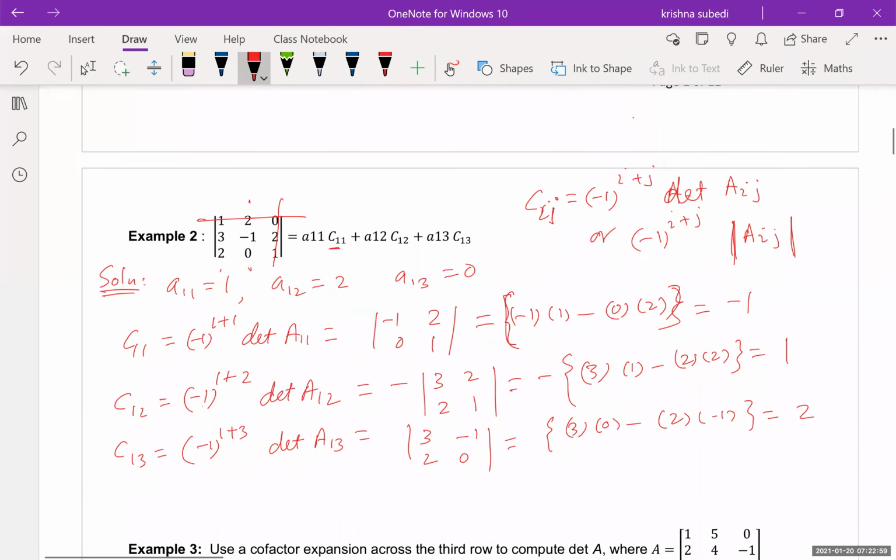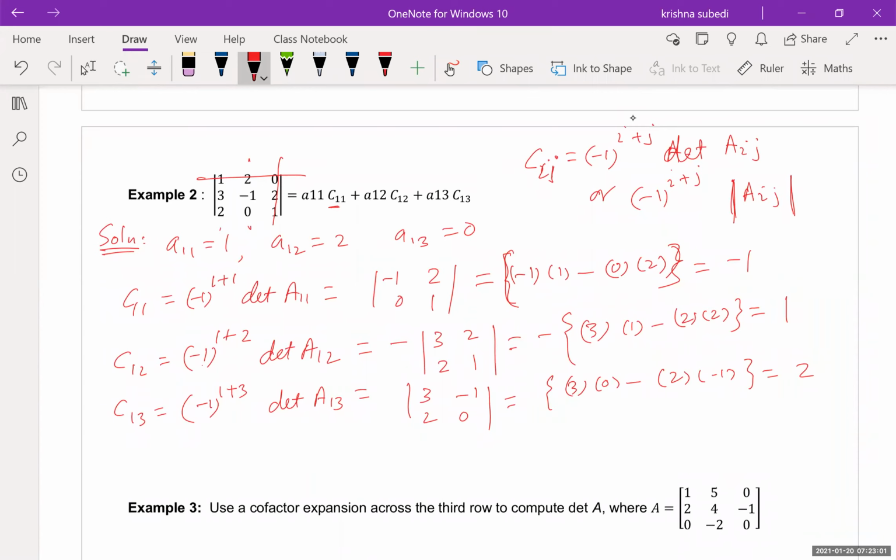So now the determinant is 1, 2, 0, 3, negative 1, 2 and 2, 0, 1. Let me plug in the values there.